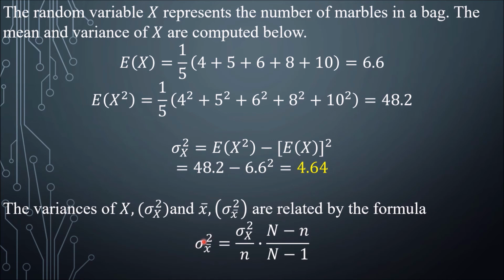So the variance of the sampling distribution is equal to the variance of the number of marbles over n, the number of samples, which in this case is 2 because we'll be getting 2 bags out of 5, times capital N minus n over N minus 1, where N is 5 because there are 5 bags as our population. So this will be the formula relating the variance of x, the number of marbles, and the sampling distribution.